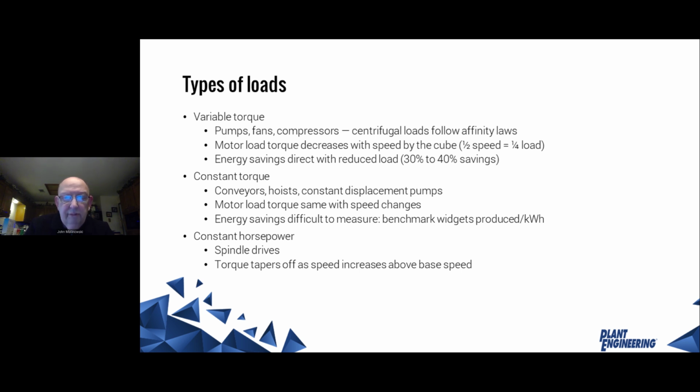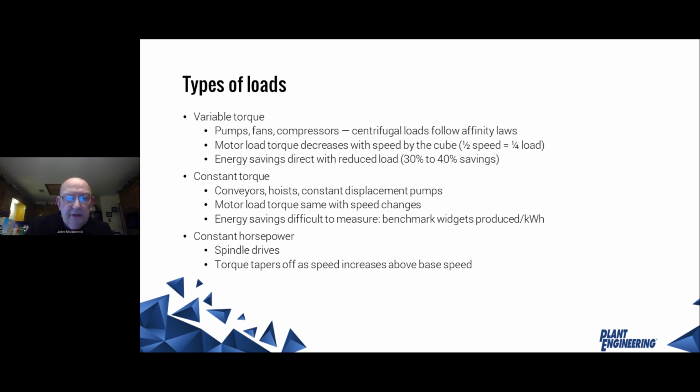You change the speed and the torque requirements are the same regardless of the speed change. So the energy savings that are easy to see with a variable torque load are more difficult here. You'd have to benchmark it by how many widgets did I produce per kilowatt hour. So that's much more difficult to do, but it's possible.